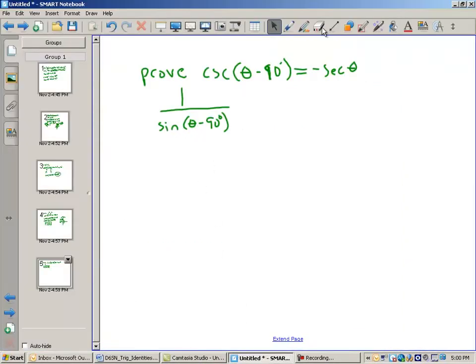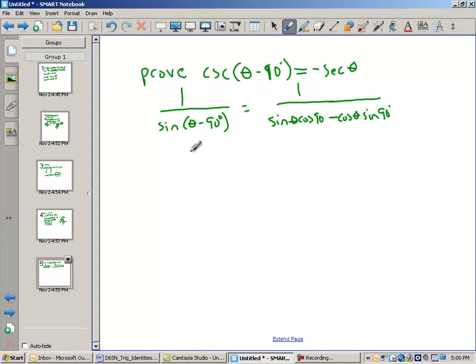So this would be equal to 1 over the sine of theta times the cosine of 90, got to extend my fraction bar here, minus the cosine of theta times the sine of 90.